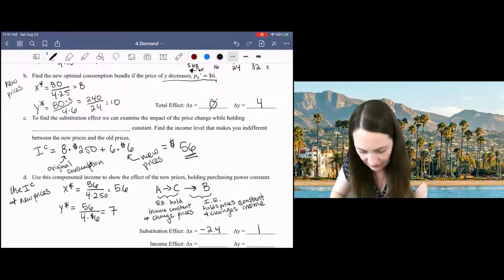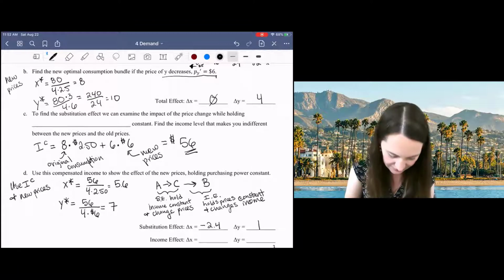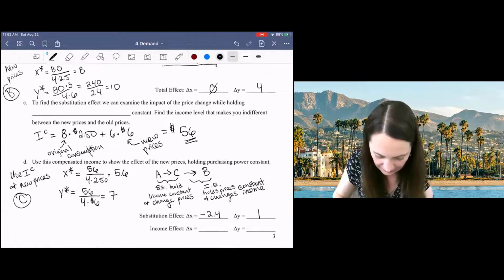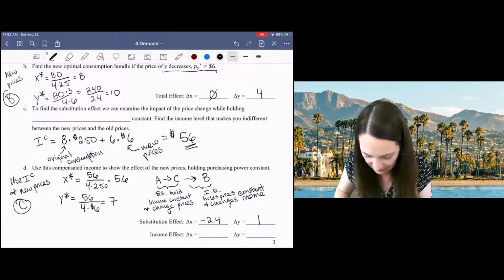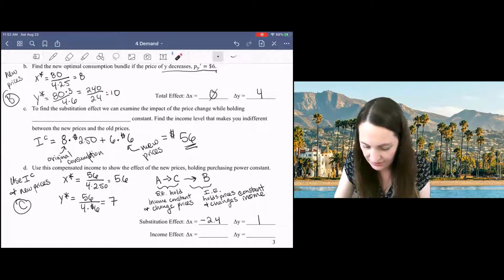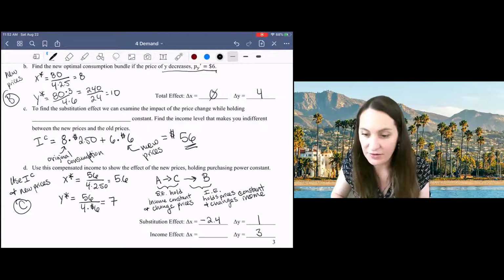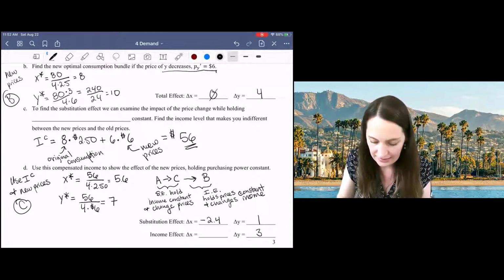So if I look now here, this is point C, B, A. What I'm doing here is moving from 7 units of Y to 10 units of Y. So Y increases by 3 units.